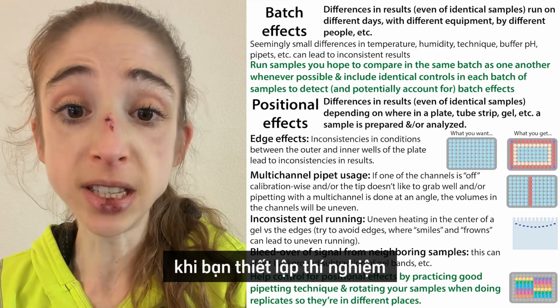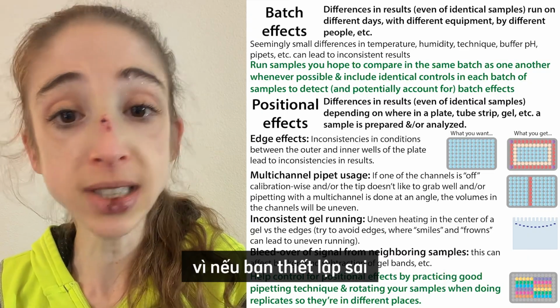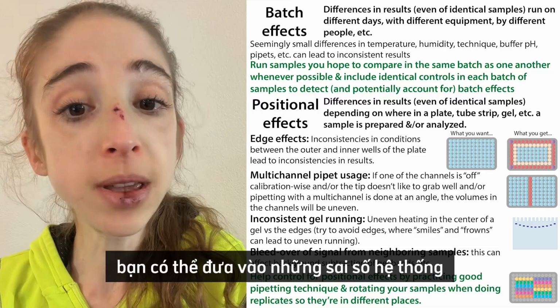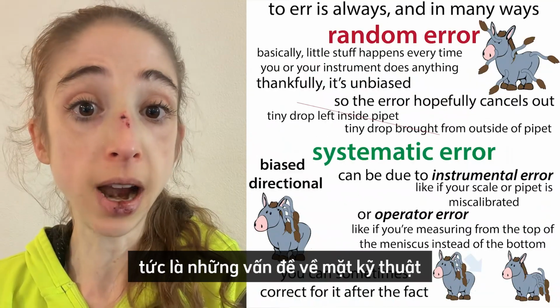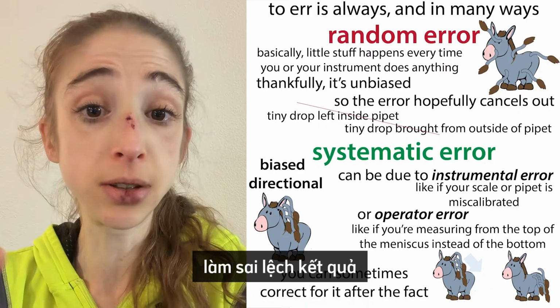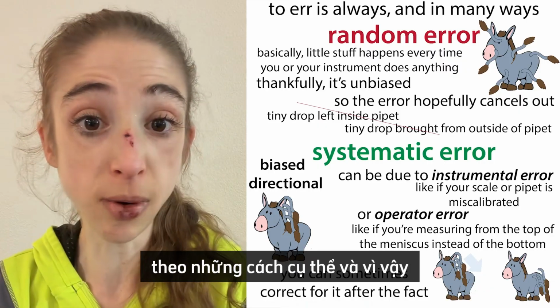When you are setting up experiments, how you set them up really matters. Because if you set them up incorrectly, you can be introducing systematic errors, so problems that are technique-wise that bias the results, and they can consistently bias the results in specific ways.